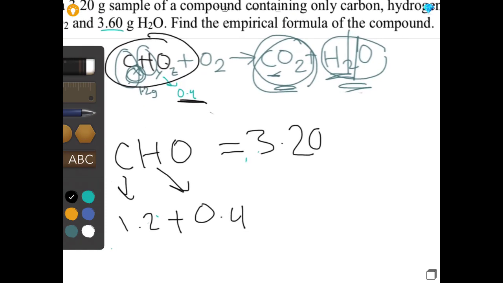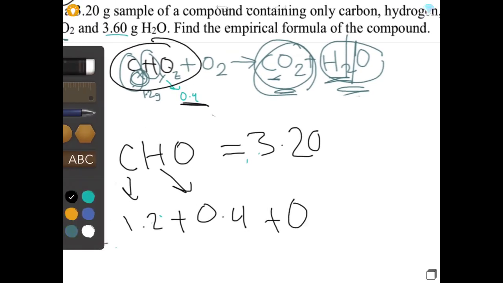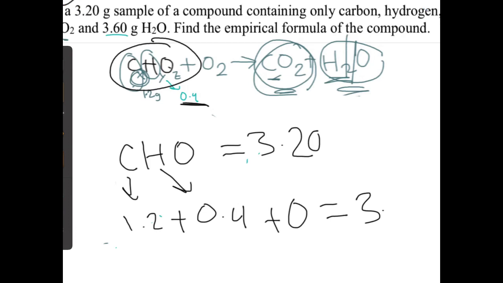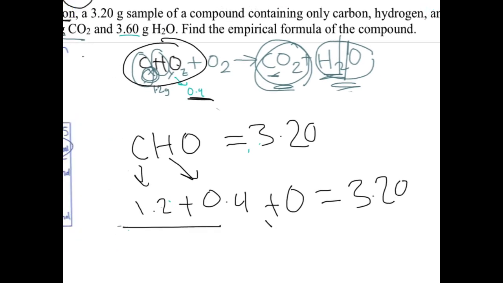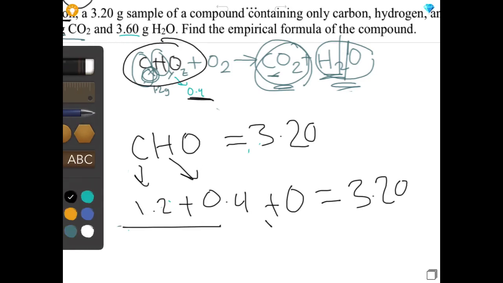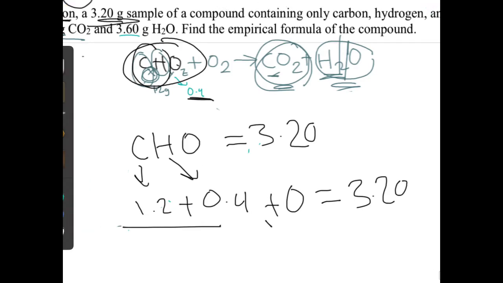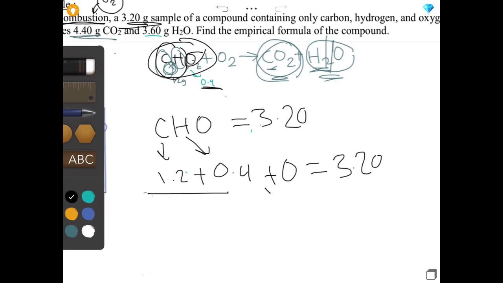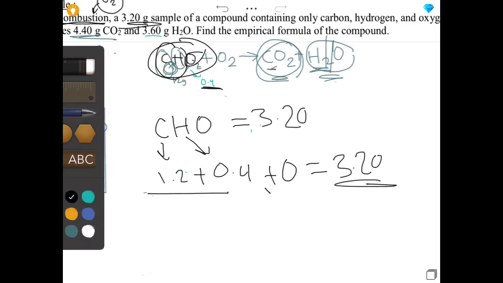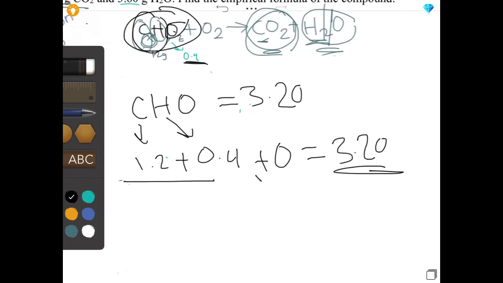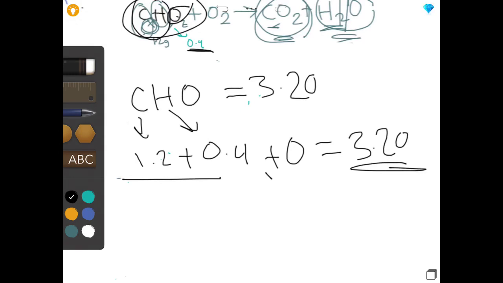So to find the oxygen, you just subtract C and H from the total. You add 1.2 plus 0.4 plus O, and it all equals 3.20.